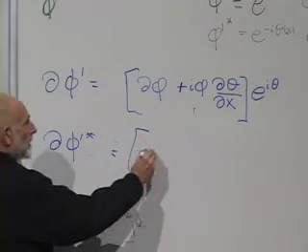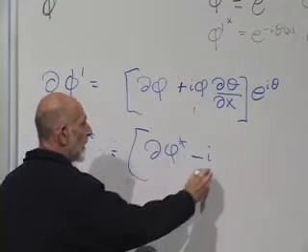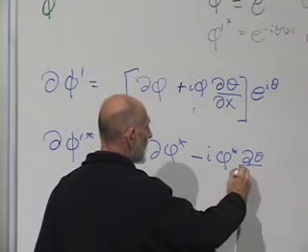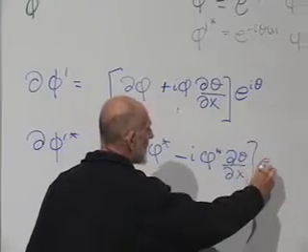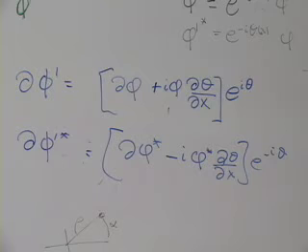That's just the derivative of phi star minus i phi star, the derivative of theta with respect to x, times e to the minus i theta.